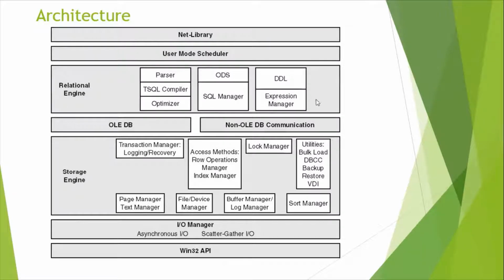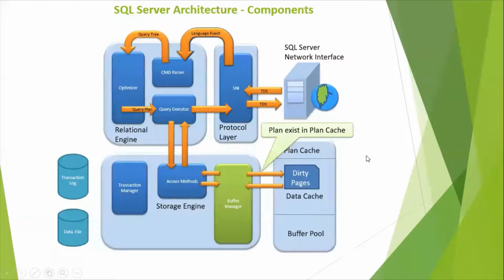Then we have the relational engine, where the actual work happens. We have different components. I will explain in detail how the relational engine works, and we also have a detailed architecture, and I'll give you a select and update query and explain that.